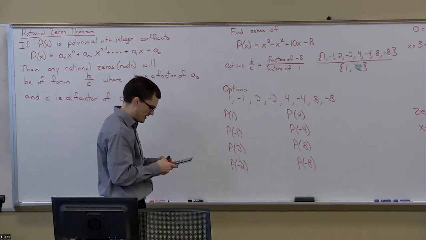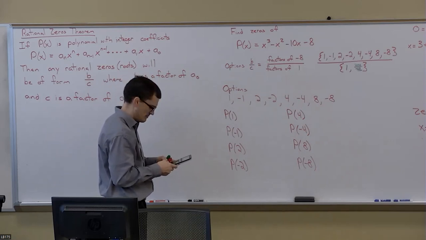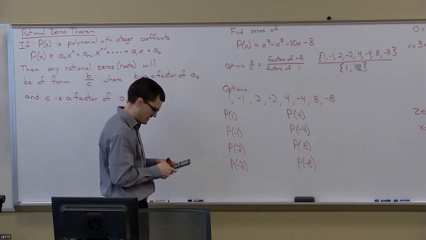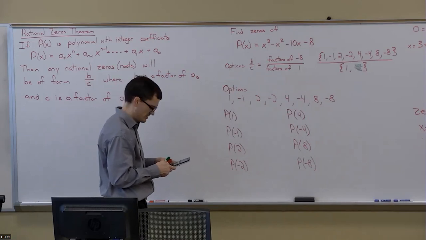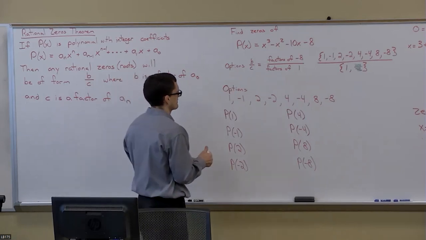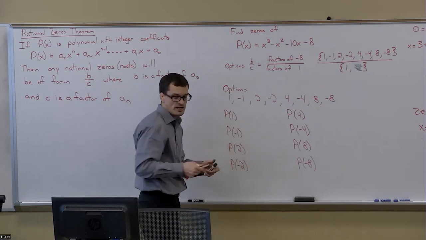All right, so let's plug in 1. 1 cubed minus 1 squared minus 10 times 1 minus 8. That gave me a -18. So 1 is not a 0.